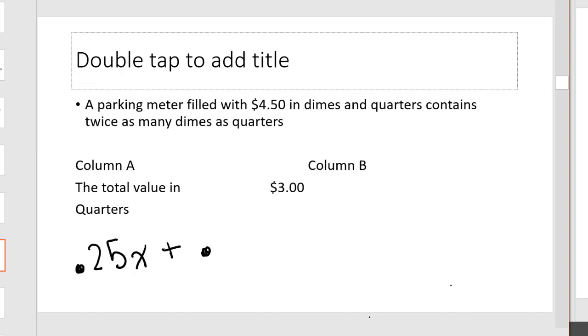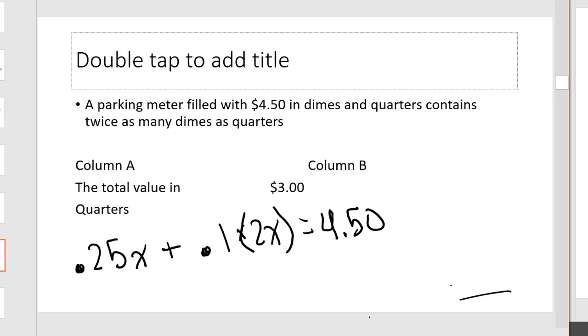And then we have 0.1 times 2X. Well, why is it 2X? Because there are twice as many dimes as quarters. Perfect. And the total is going to equal $4.50.